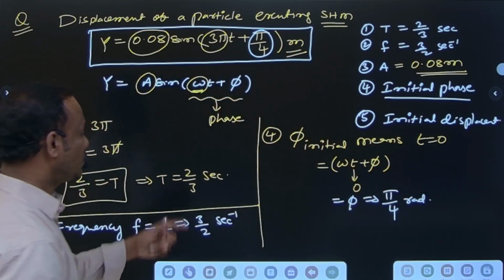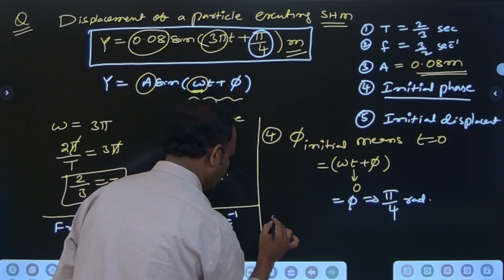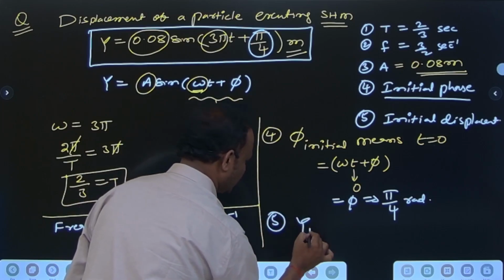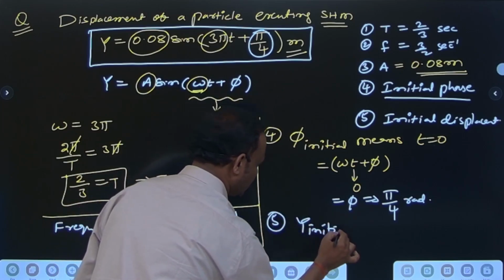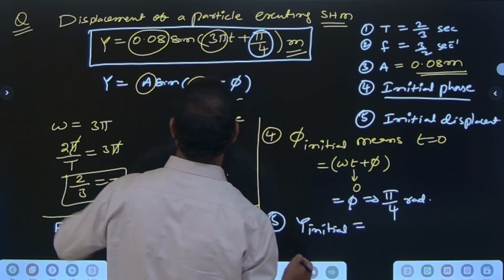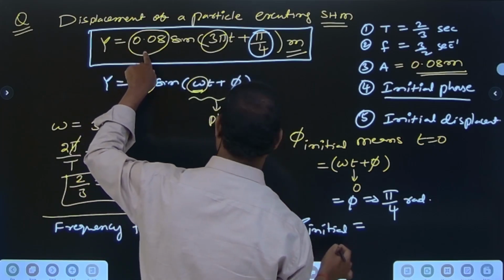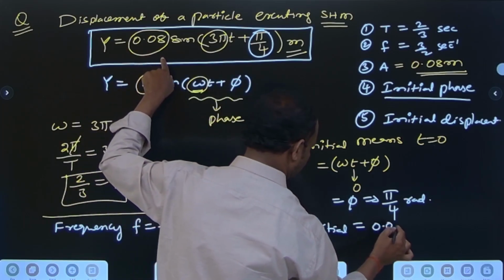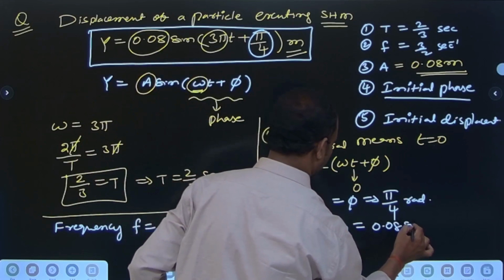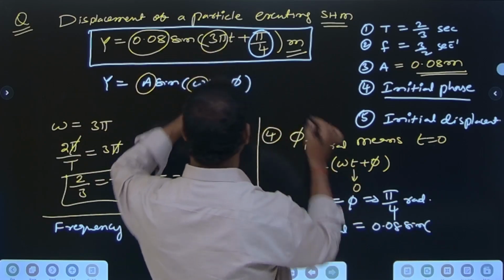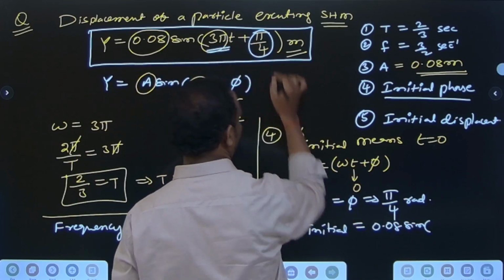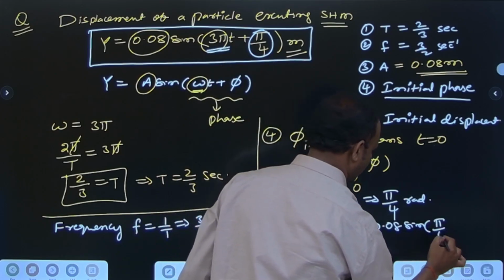Okay, initial displacement. Directly I am writing this: 0.08 sine, this part is 0, right? Correct? What is there? Pi by 4.